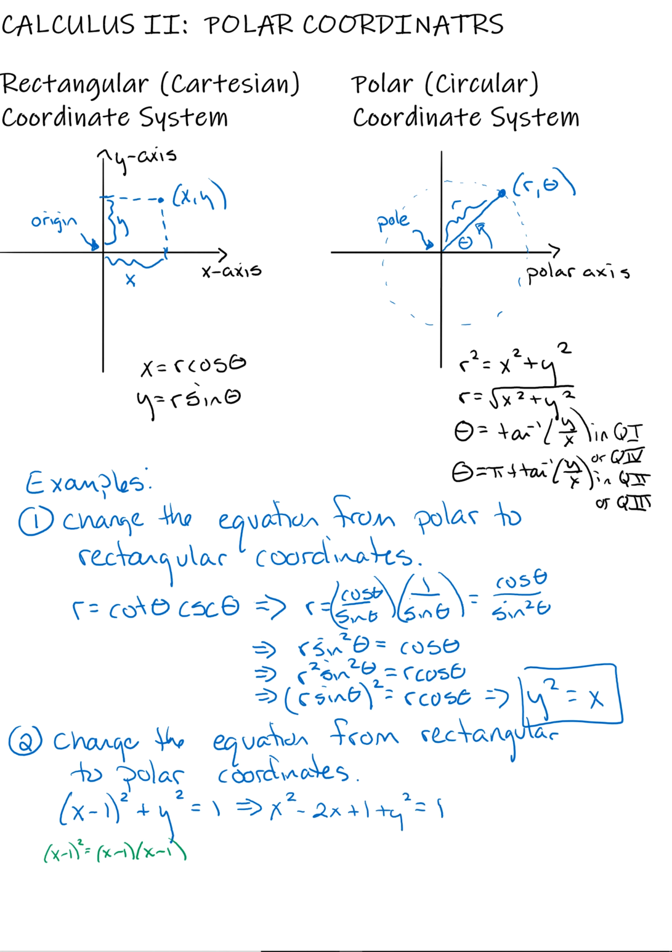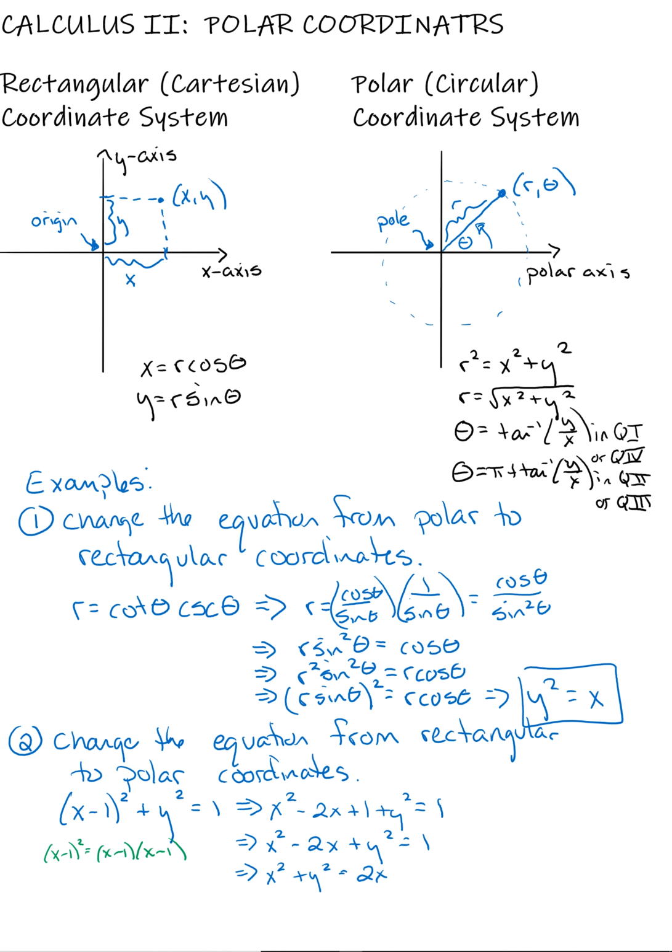There we go, much better. I see that we can subtract 1 from each side and get rid of those 1's. That gives us x squared minus 2x plus y squared is equal to 0. Now let's move that 2x over. x squared plus y squared is equal to 2x.